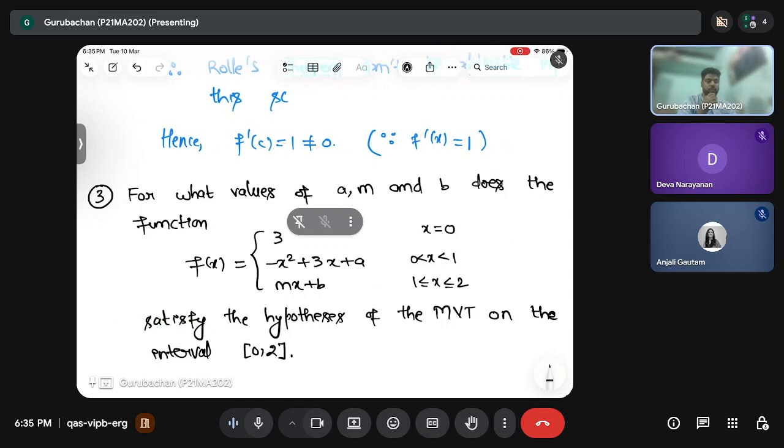So we are given a function and we have been asked for which values of the parameters a and b the mean value theorem is applicable to this function on the interval 0 to 2. So try this.